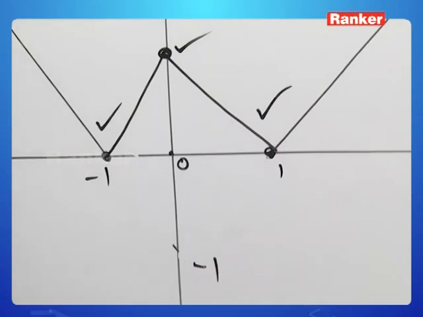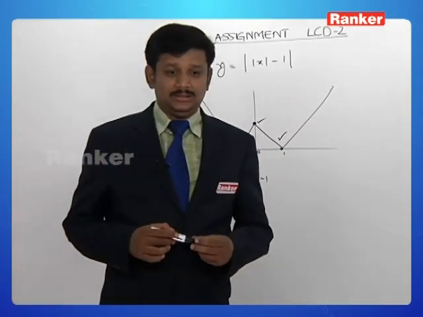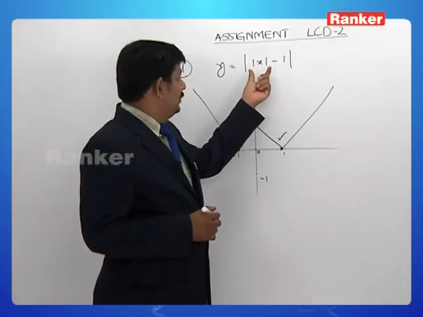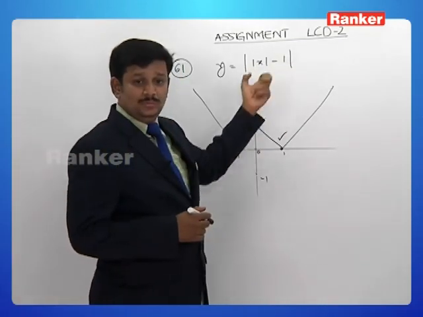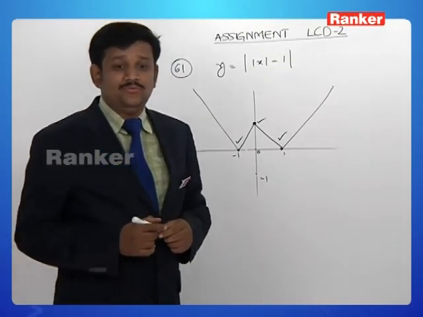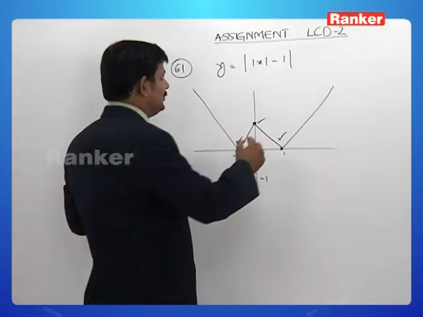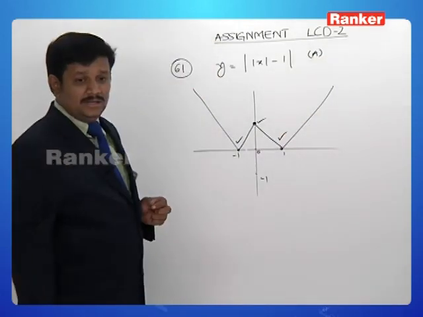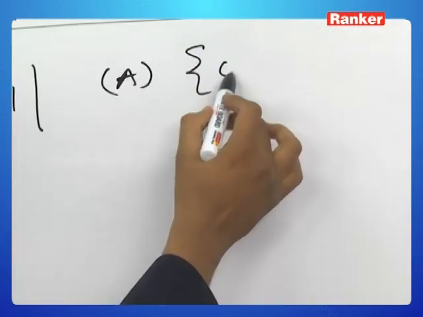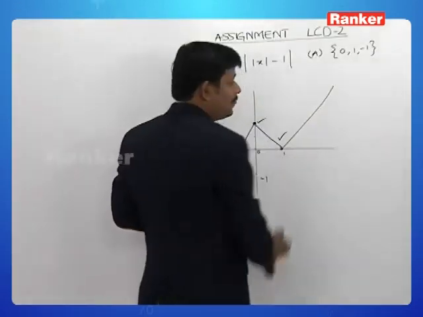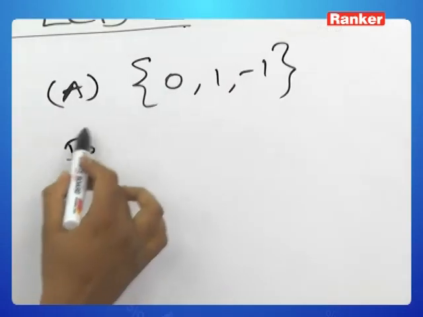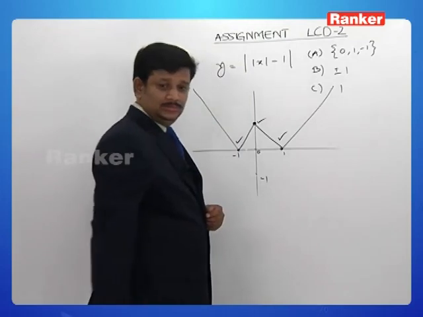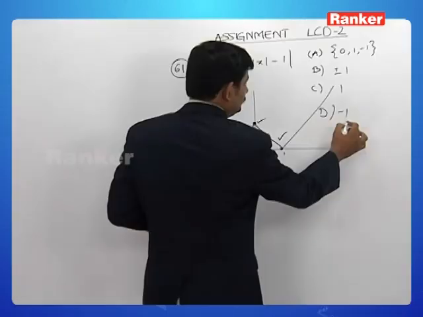Now look at the question very carefully. The function y is equal to mod of mod x minus 1 is differentiable for all real numbers except: 0, 1, minus 1; plus or minus 1; 1; and minus 1.